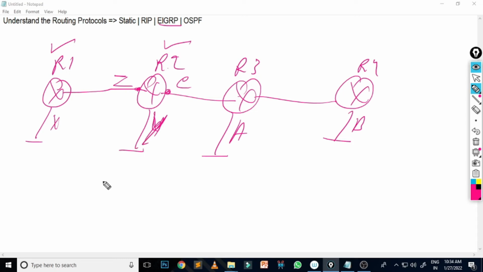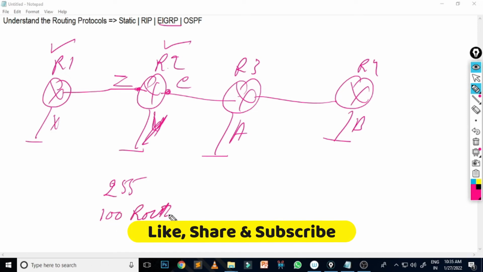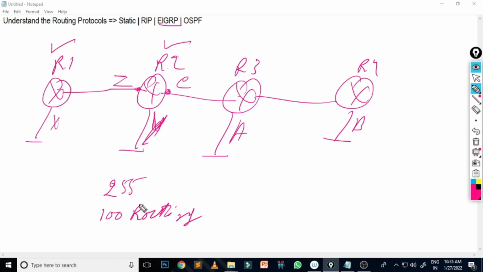The disadvantage is you can only use up to 255 routers. By default, when you configure EIGRP, it can only send the advertisement of a particular network up to 100 routers. But with some command, you can increase this number to 255.